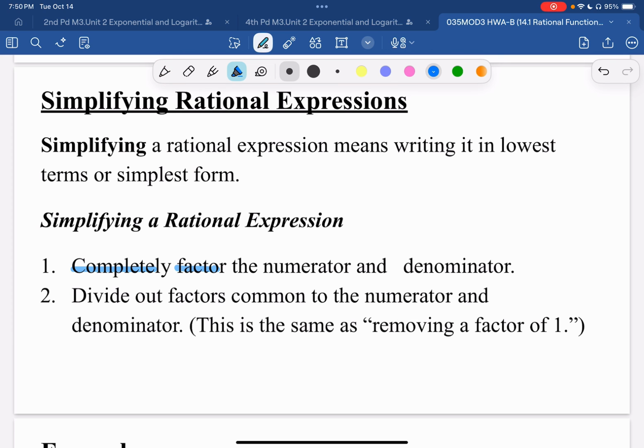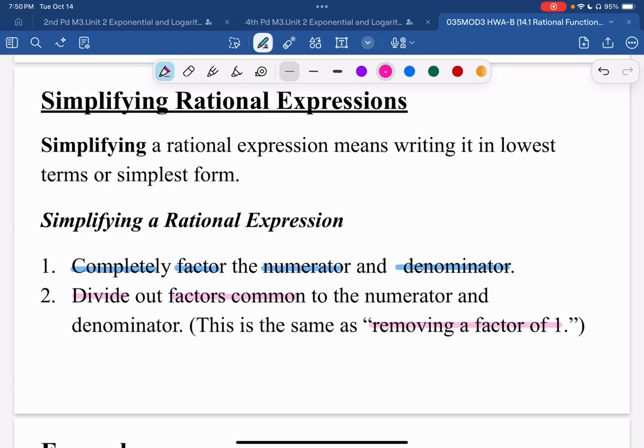We want to factor the numerator and the denominator. After we do that, the second thing we want to do is divide out any factors that are common to the numerator and the denominator. And the reason we're going to do that is that's the same thing as removing a factor of 1.